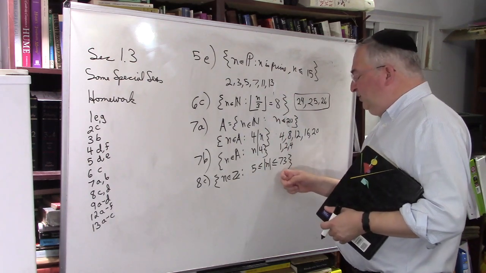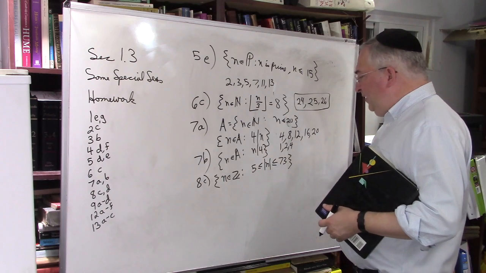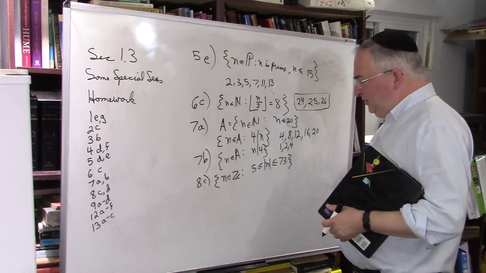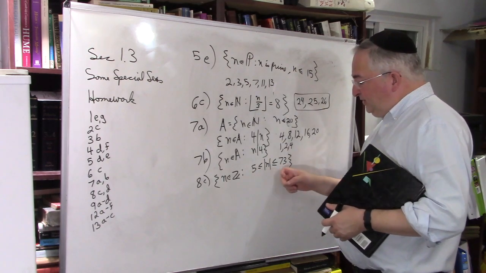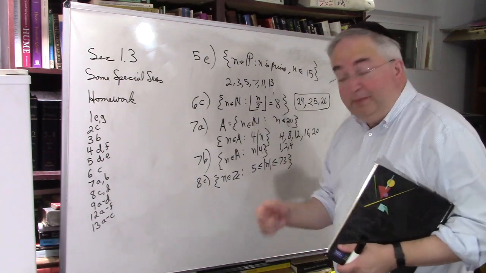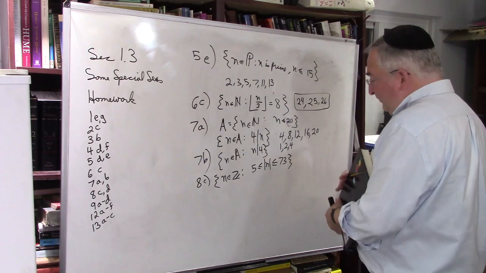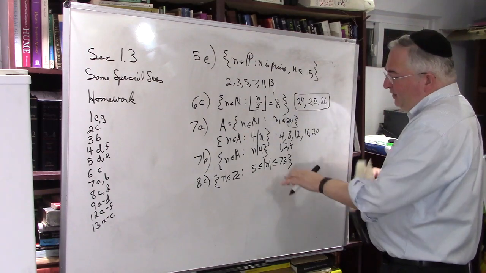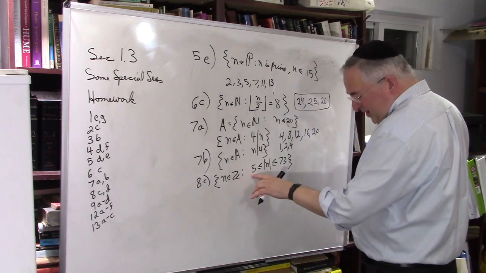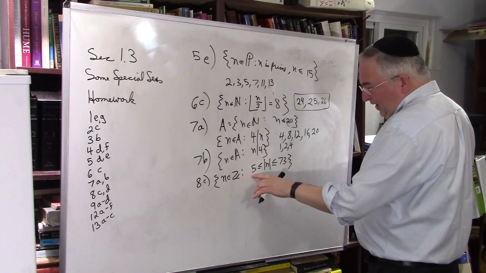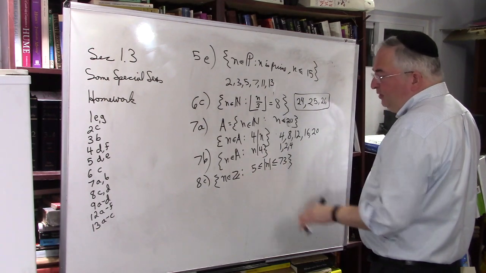So take 73, subtract 5 is 68, but plus 1, because we want to include 5. So it's 69. Again, 73 minus 5 is 68, plus 1, because we want to include that.